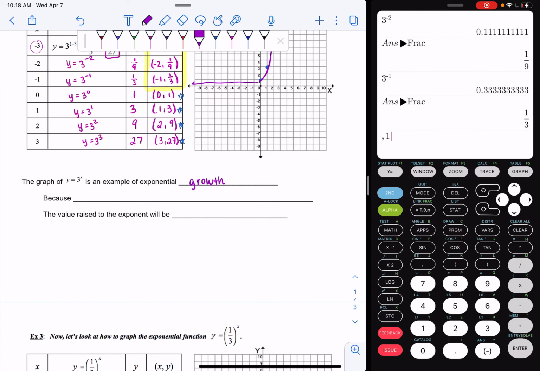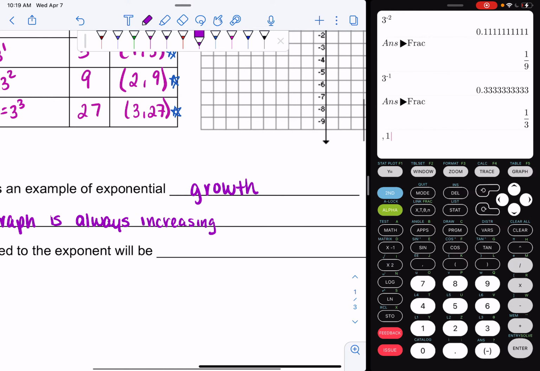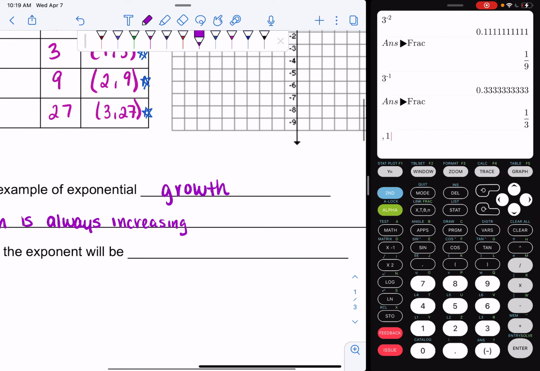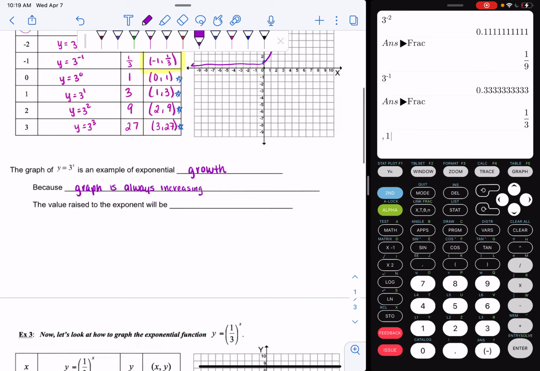The reasoning why is because your graph is increasing for all values of x, and the value that's attached to your exponent, in this case your 3, is bigger than 1.